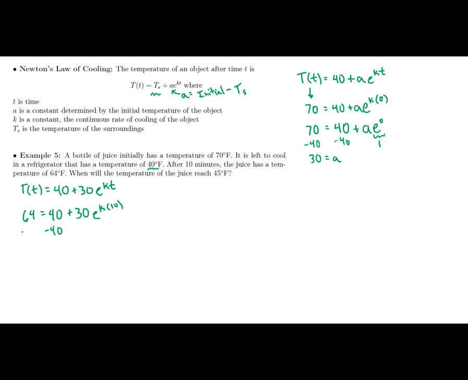So I'll subtract 40. So we have 24 is equal to 30 e to the 10k. And I can isolate my exponential. I can do a little bit of reducing here. 6 goes into both of these, so this is going to be 4/5 is equal to e to the 10k.